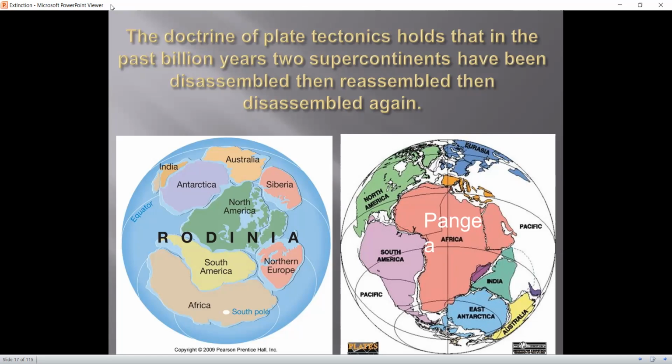The second time around, we call it Pangea, but they don't go together the same way. If you look down here, Africa is going to be stuck into South America, yes, but North America is clear up above on that. So they break apart, they go back together again, they break apart a second time. Now they're at maximum dispersal, but they didn't go back together for Pangea quite the same way when they reassemble these things.